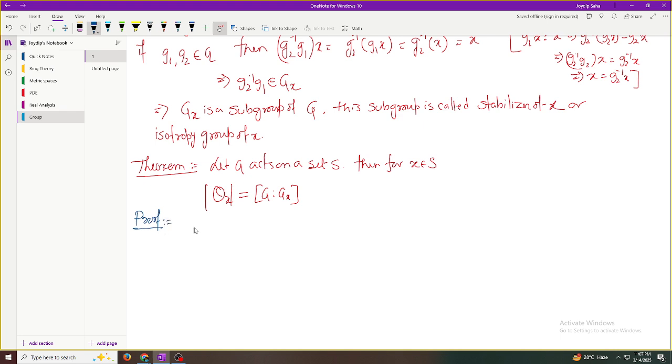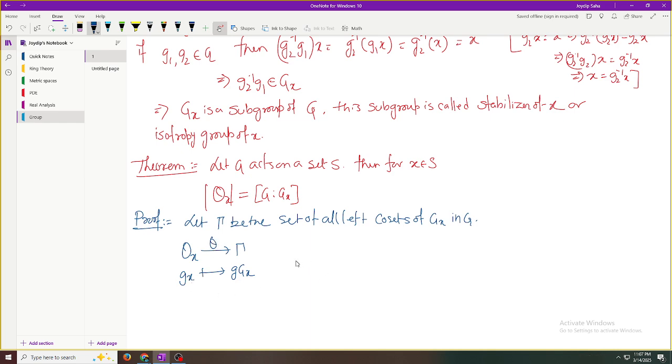Let gamma be the set of all left cosets of Gx in G. Then theta: Ox to gamma, gx goes to gGx.